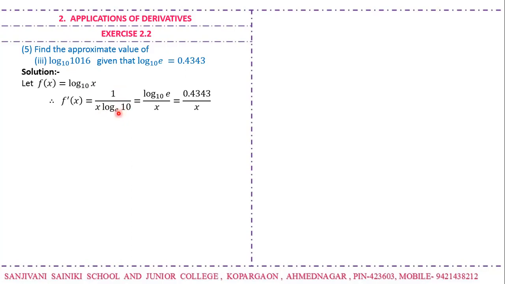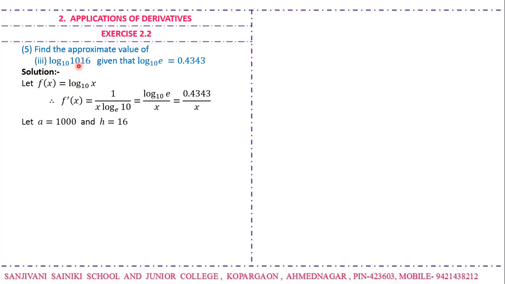If I take this term to the numerator, I will write log of 10 to the base e as log of e to the base 10 after using the reciprocal. It is also a law in logarithm. So log of e to the base 10 upon x, but its value is already given, 0.4343. So we have to write it here.